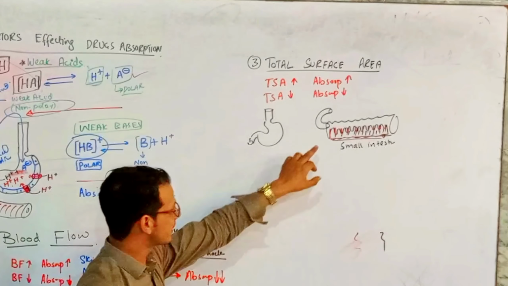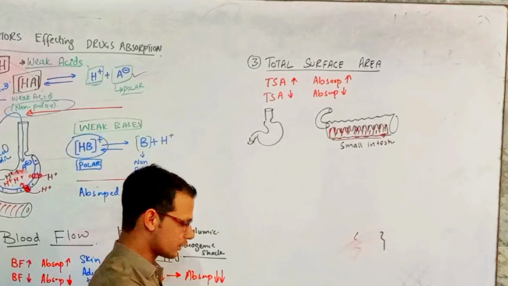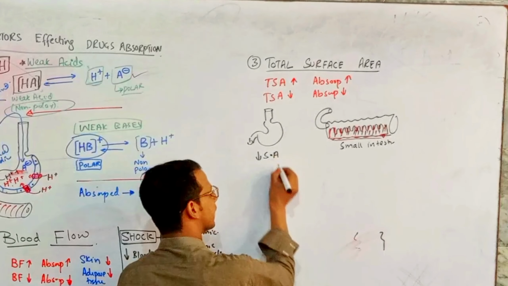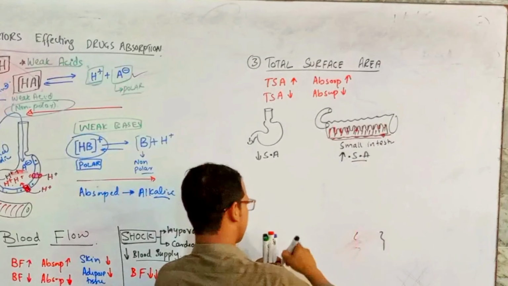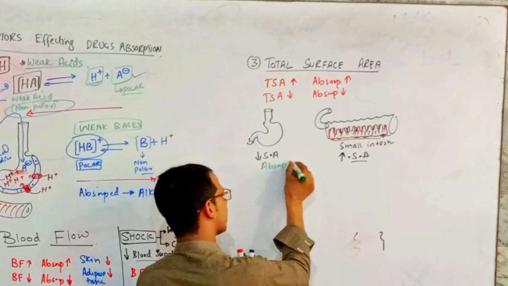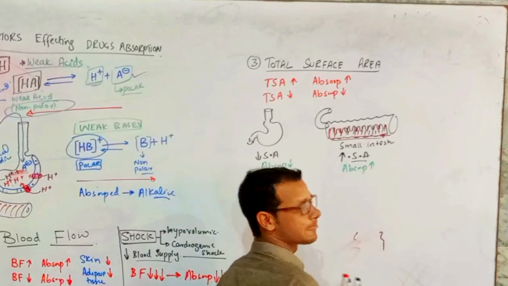But the stomach has very few folds. So the stomach has low surface area and the small intestine has high surface area. In the stomach the absorption is less, and in the intestine absorption is high.